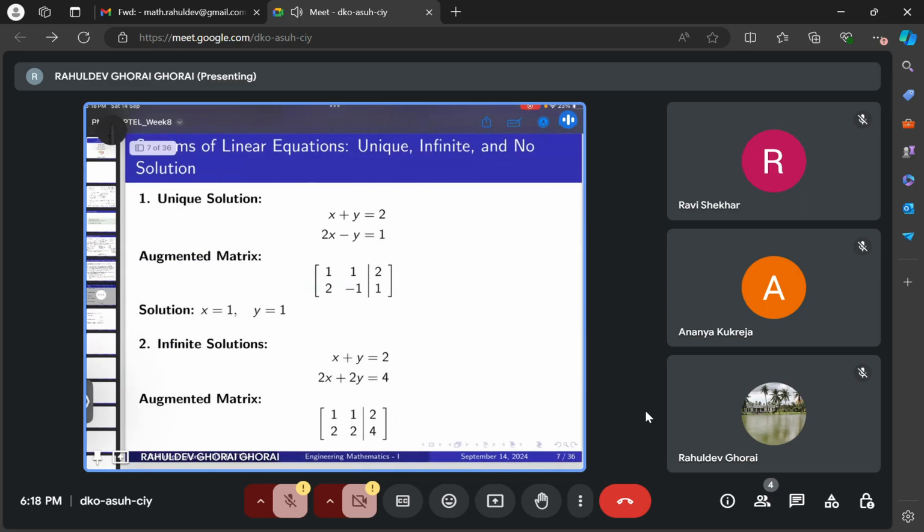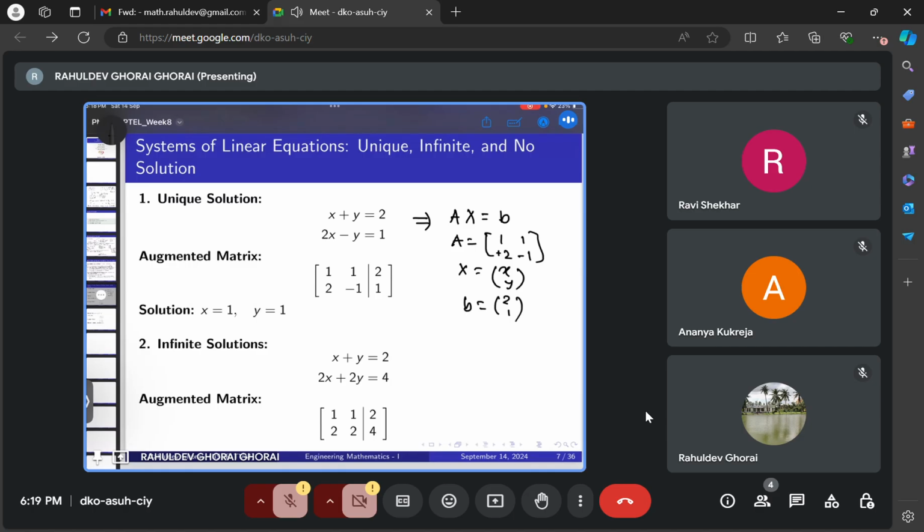Now we come to a system of linear equations with very easy examples. Here we have x plus y equal to 2 and 2x minus y equal to 1. You can write this as Ax equal to b, where A is the matrix with rows 1, 1 and 2, minus 1, x is the vector (x, y), and b is the vector (2, 1).